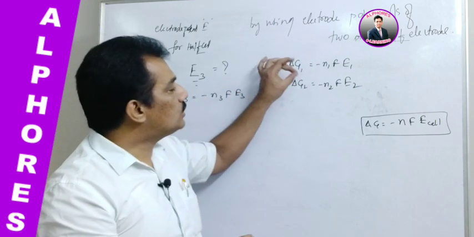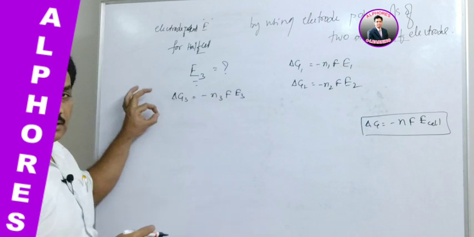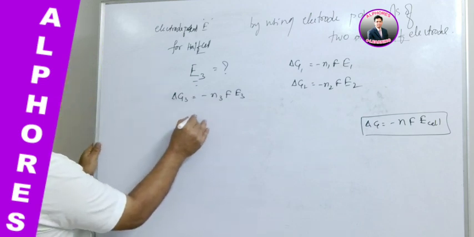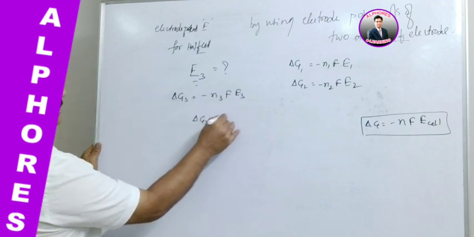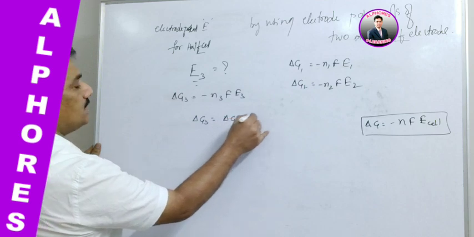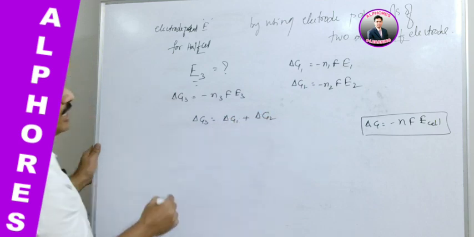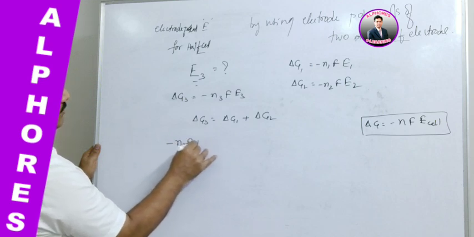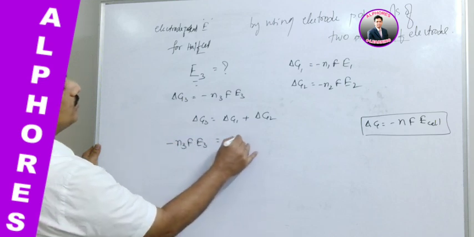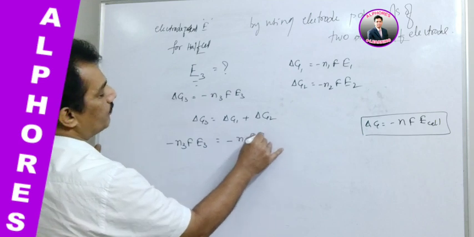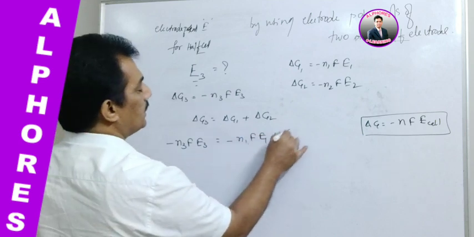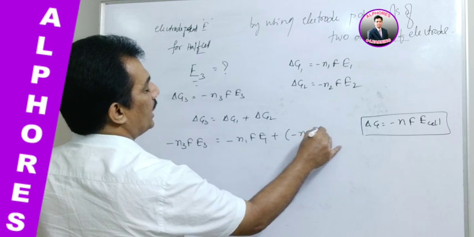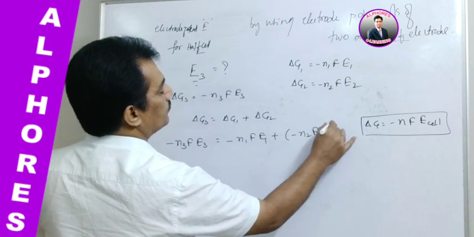Now these two can be combined to get delta G3 like this: delta G3 is equal to delta G1 plus delta G2, and with this we can write minus n3F E3 is equal to minus n1F E1 plus minus n2F E2.